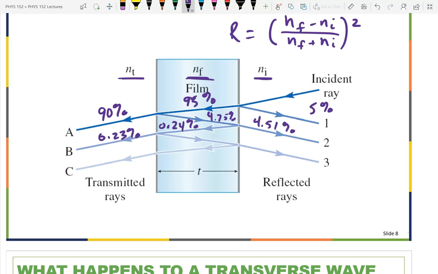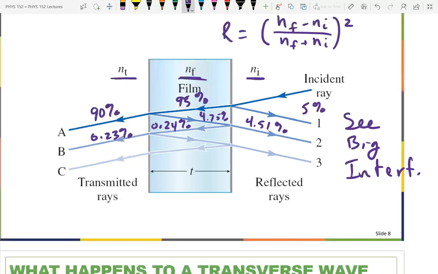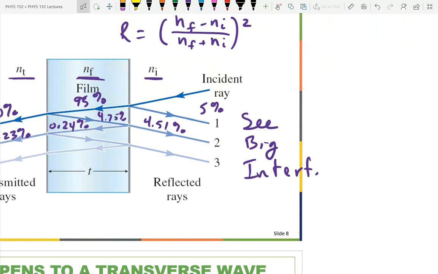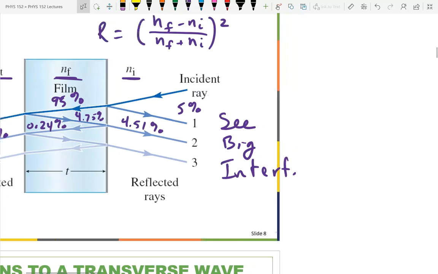So this is the side where you're going to see big interference effects because the amplitudes are similar. For the transmission, the amplitudes are very different. You don't see much. So now let's look at how we actually get our intensity for the reflected.